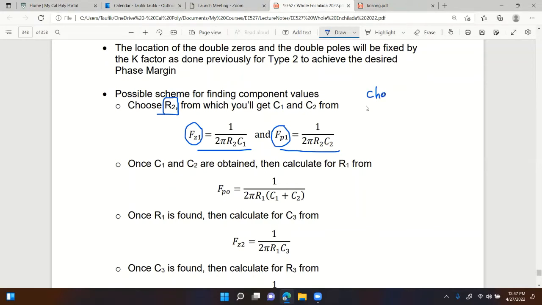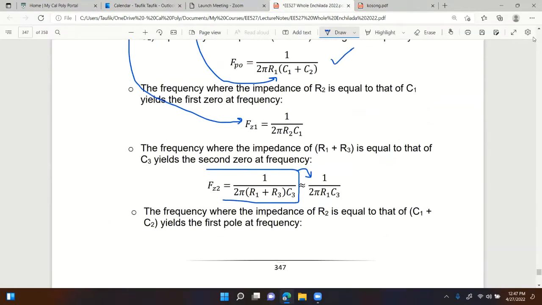To be more specific, first you choose the crossover frequency, and then you choose K. What is K?